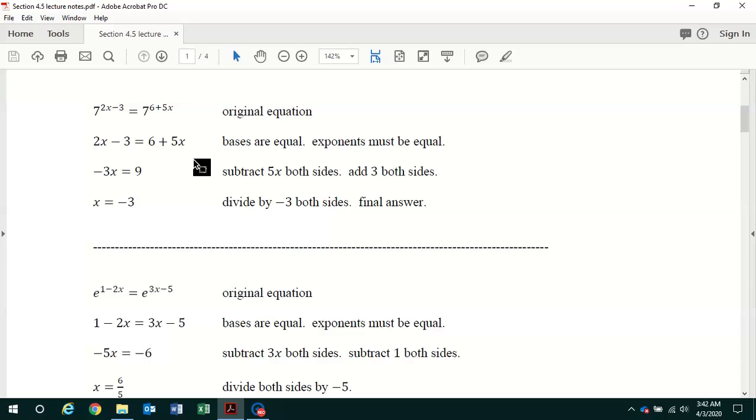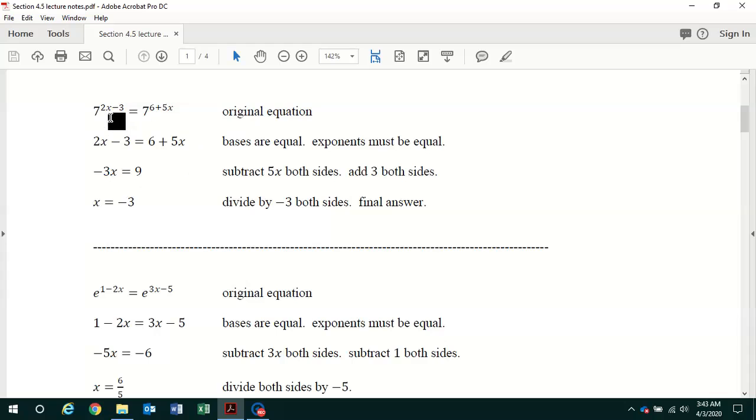And so we just solve for x. Subtract 5x from both sides, add 3 to both sides, and we get minus 3x is equal to 9. Divide both sides by minus 3, and we get x is equal to negative 3. So x equals minus 3 is the solution to our exponential equation up here.